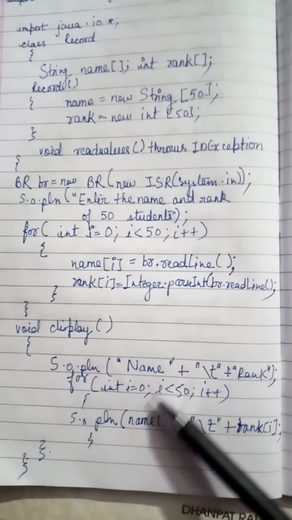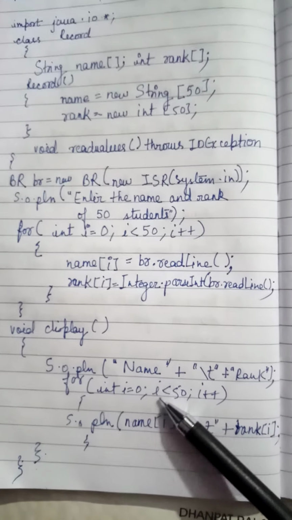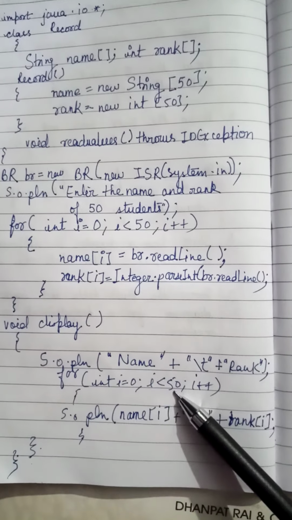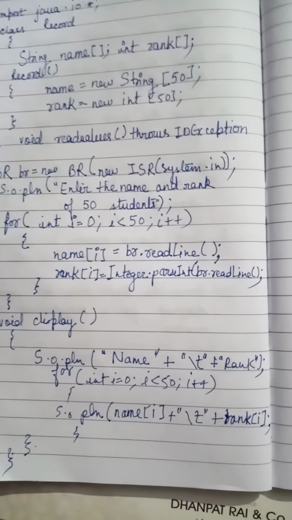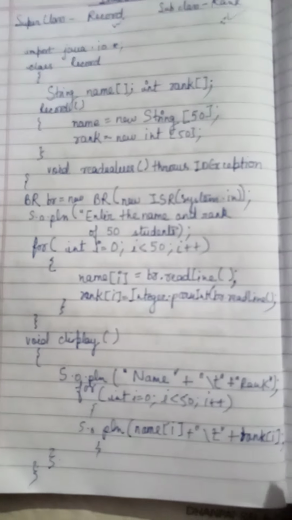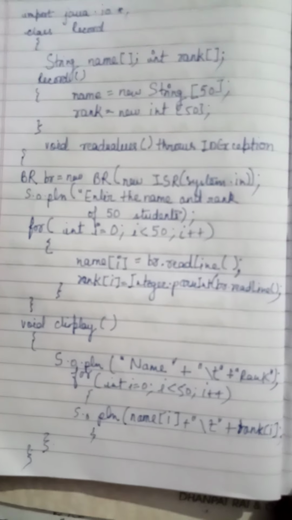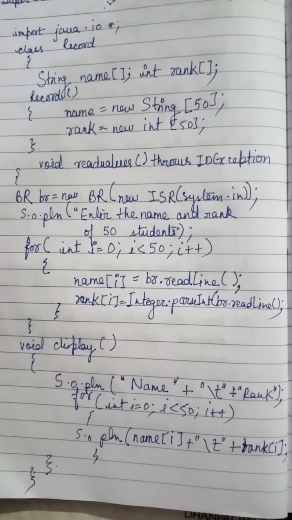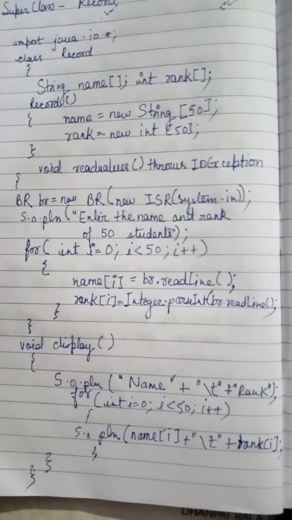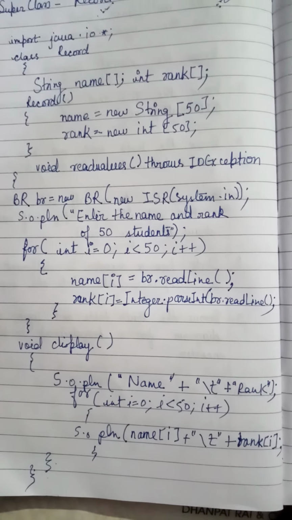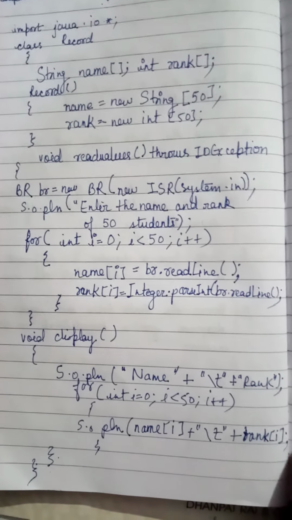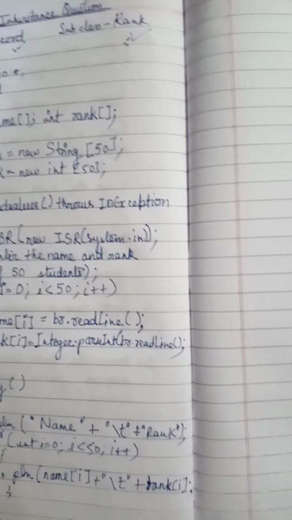And in display, we are simply displaying all the names and ranks with the help of a for loop. Okay. Now through class Record, we have taken input from the user 50 names and 50 ranks, and we have displayed all the ranks and names using the display method of class Record, the superclass.